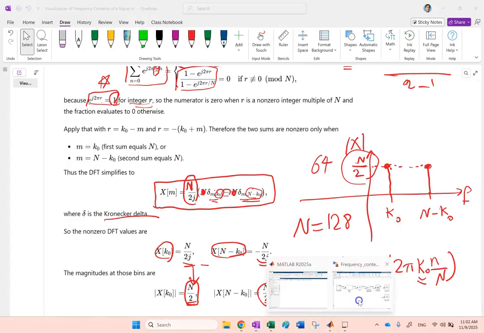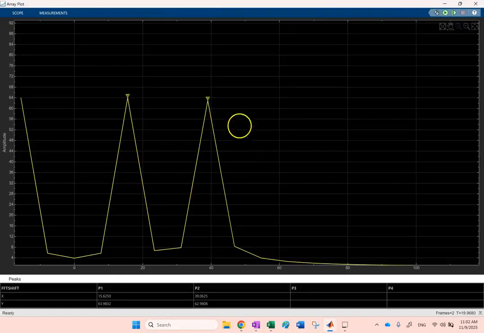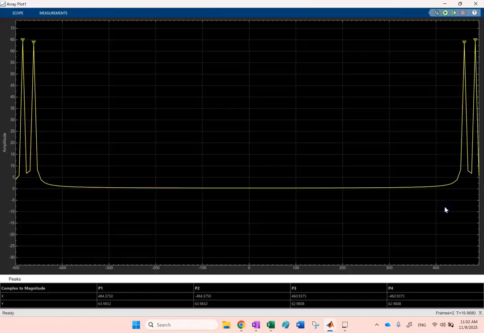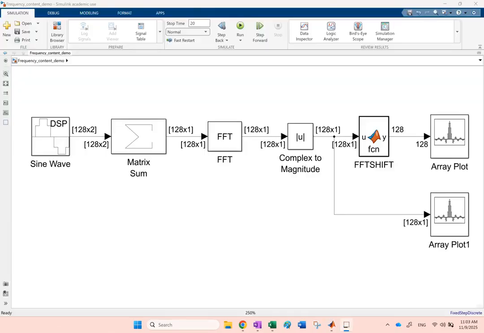If you remember, the magnitude that you got out of here was about 64. Look, it's 63. And this one is also about 64, 63.98. So that justifies why the magnitudes are 64, not 1. It also justifies why you have 2 peaks for each one and not 1 peak. Correct? If you look at either one, remember you have 2 peaks, right? You see here you have 2 peaks and you have 2 peaks.